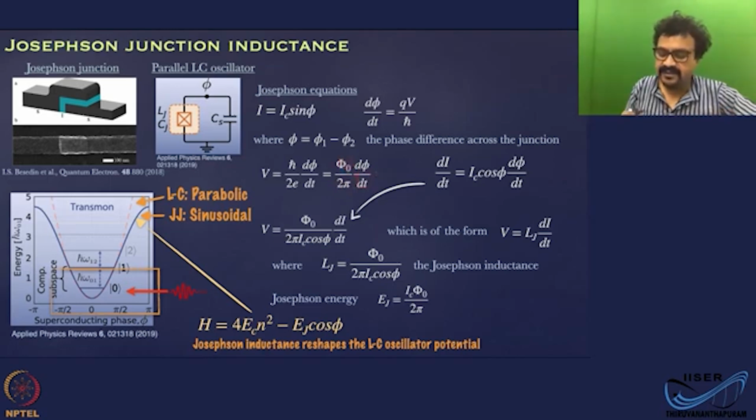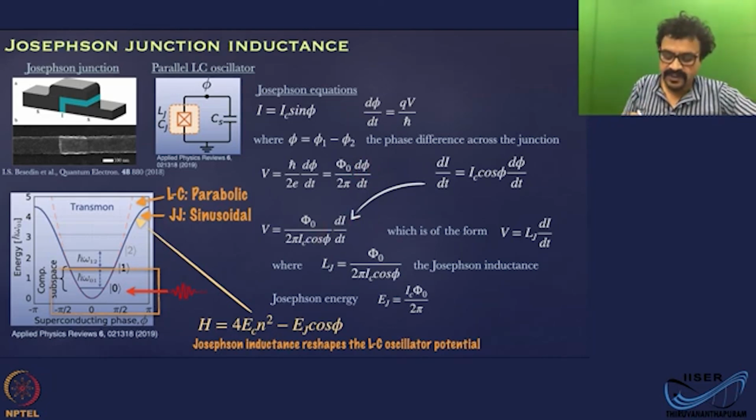You can rewrite this. Now, our variables are current and voltage. So what we are going to do is replace this d phi by dt with dI by dt. You take this and differentiate it, and you get this relation. Now you substitute d phi by dt from here, so you will get this relation.